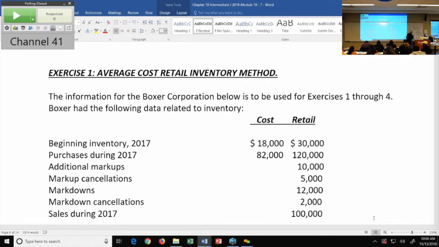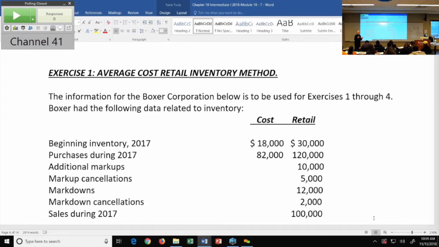I have to have some type of cost percentage to multiply against that. So I'm going to need to find out what percentage of that ending inventory at selling prices relates to cost.